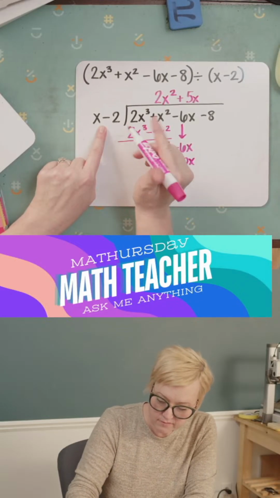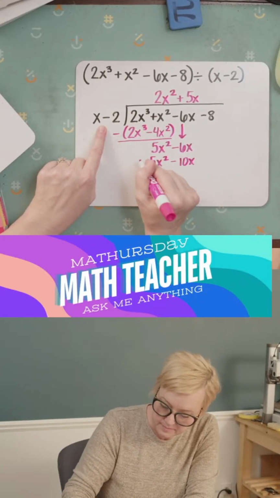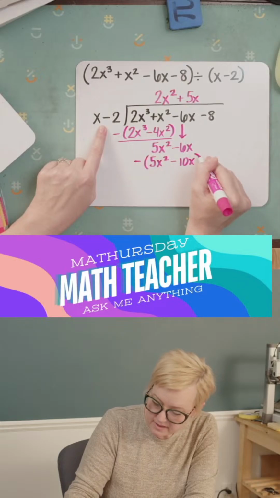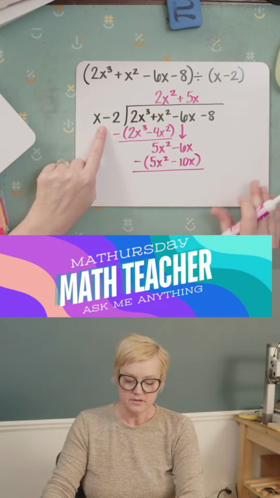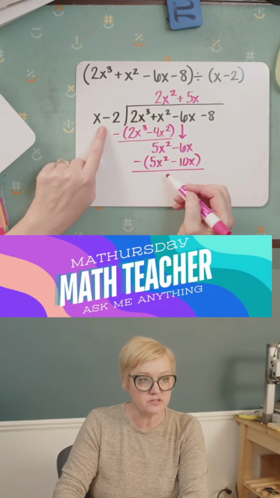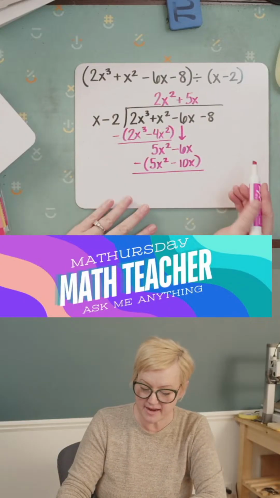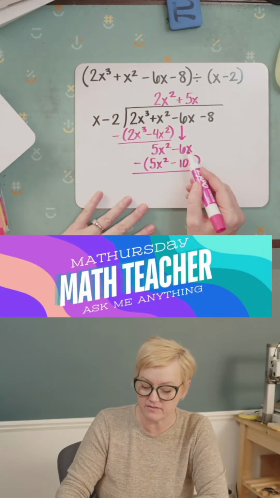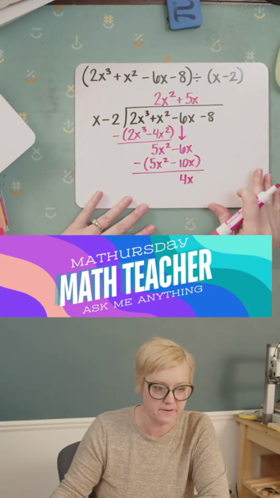I think somebody was asking for brackets around this. That makes a little bit more sense. Now 5x squared minus 5x squared, those cancel out. -6x minus -10x is -6 plus 10, which gives me 4x down here.